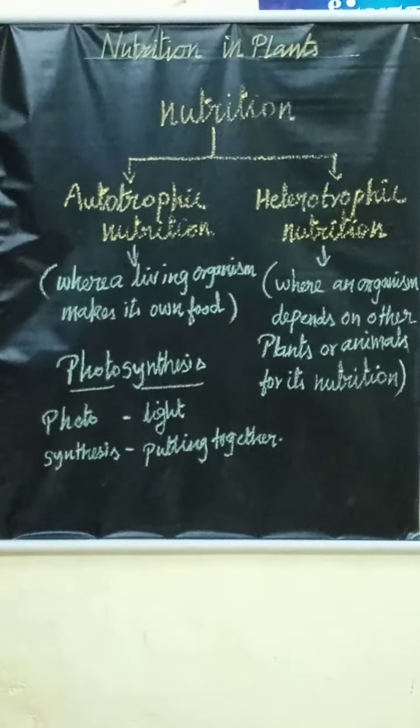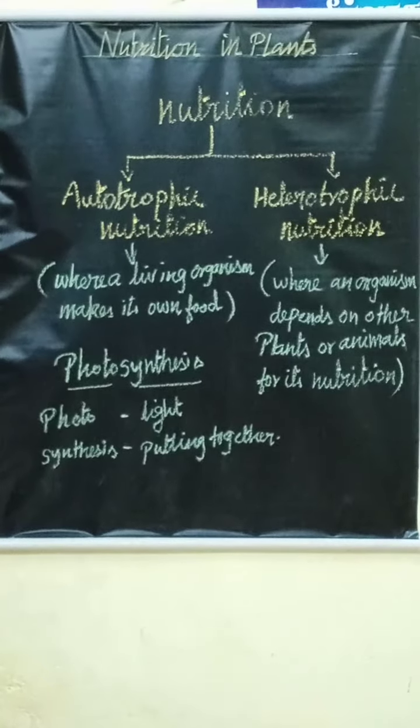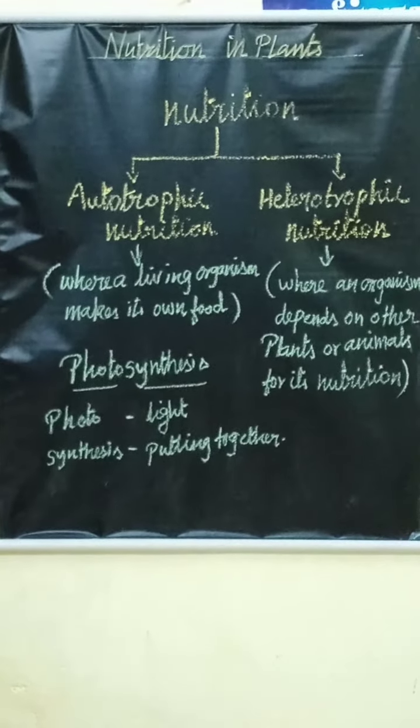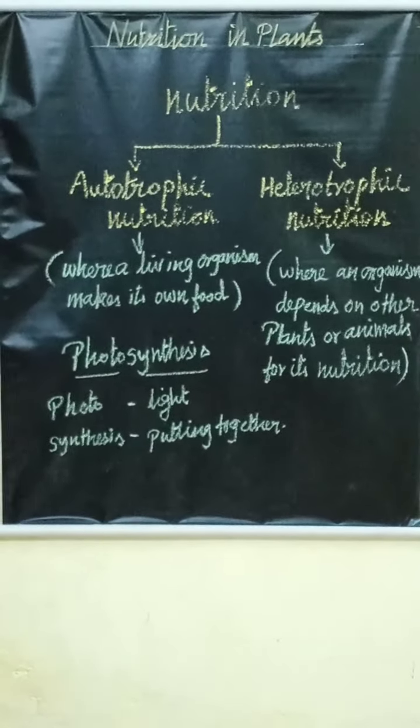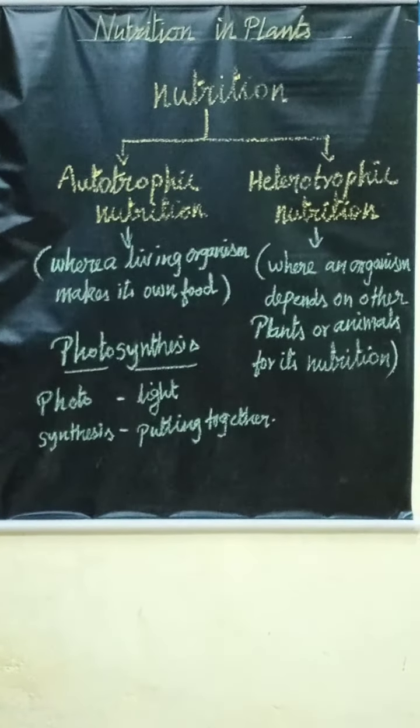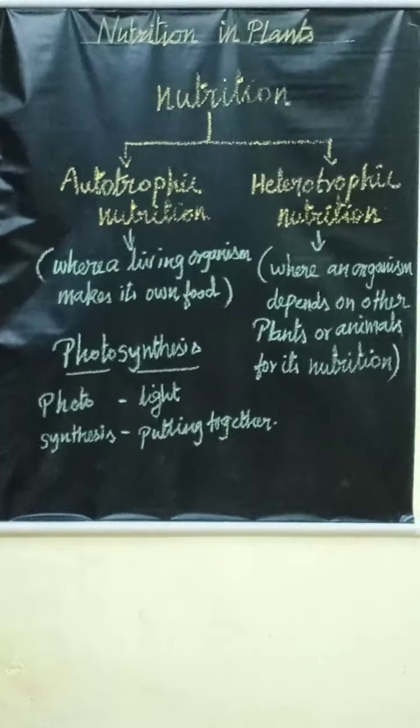What are autotrophs? Organisms that exhibit this type of nutrition are called autotrophs. Most green plants are autotrophs.